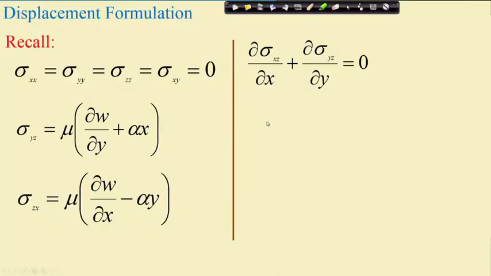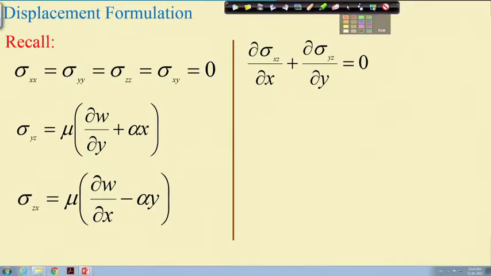Now, if you recall, these are the relations that we have. This is the equilibrium equation, and we started with the assumption that all other stress components are 0 except sigma yz and sigma xz, and sigma yz and sigma xz are related to displacement like this.